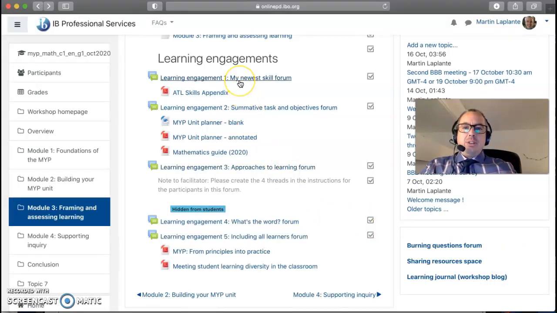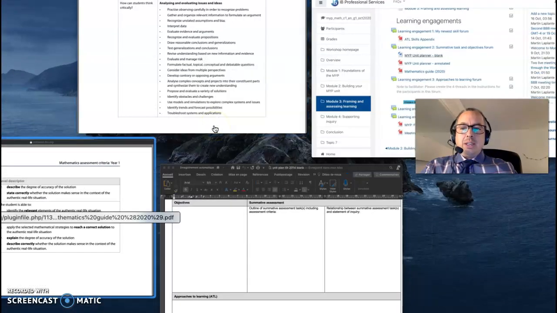Then if I take a look at Learning Engagement 1 and 3, they both refer to approaches to learning. The ATL skills appendix are from the MYP: From Principles into Practice. So you really want to take a look at these.